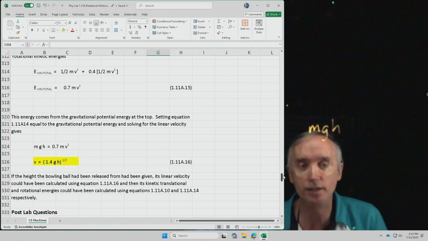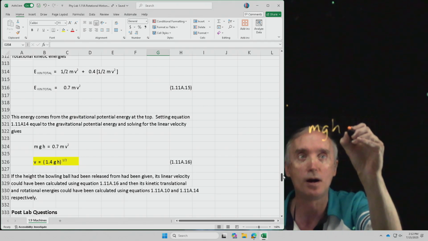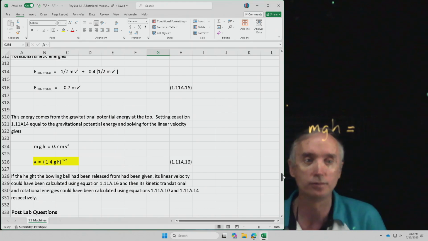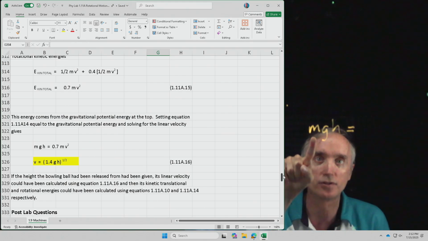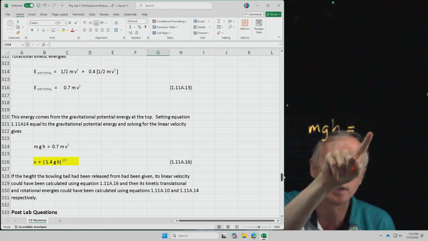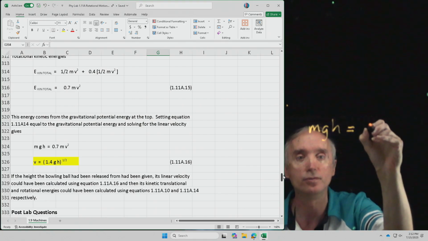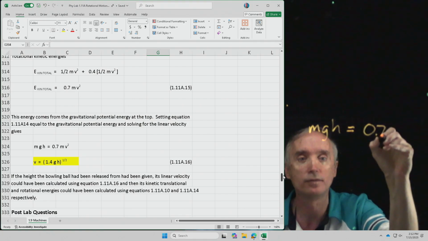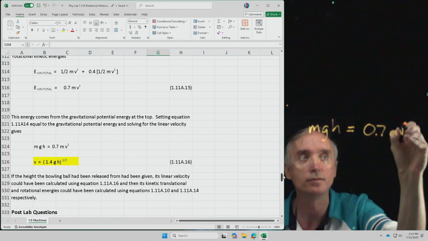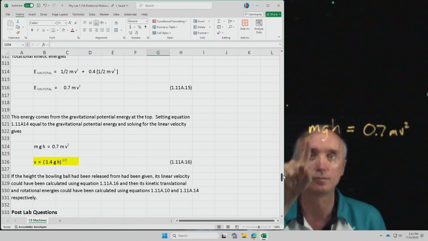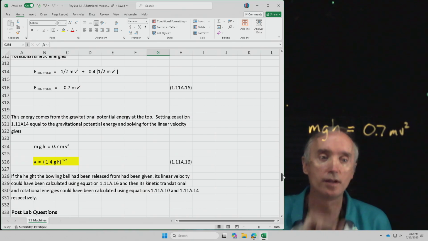What did it turn into? At the bottom of the ramp, the potential energy turned into kinetic energy. So we're going to set this equal to 0.7 mv squared. Potential energy equals the kinetic energy.